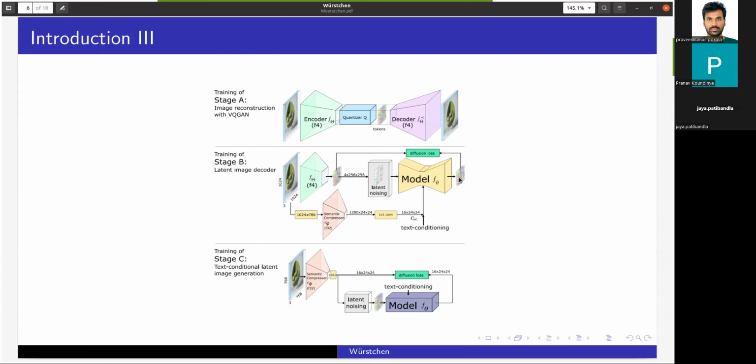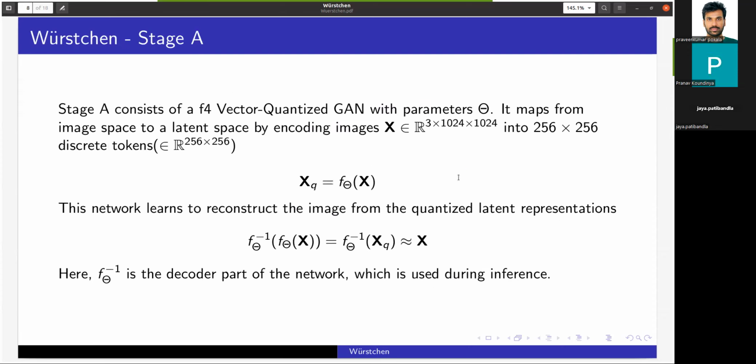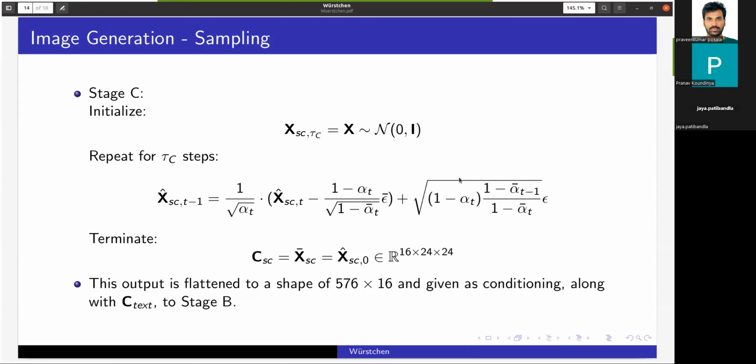Finally, when all the three models are trained, we shall go directly to the sampling part of it. So first, we shall initialize a latent random noise of zero mean and unit variance, and then we shall perform the sampling process for about tau c steps in order to get the very compact latent representation of dimension 16 cross 24 cross 24.